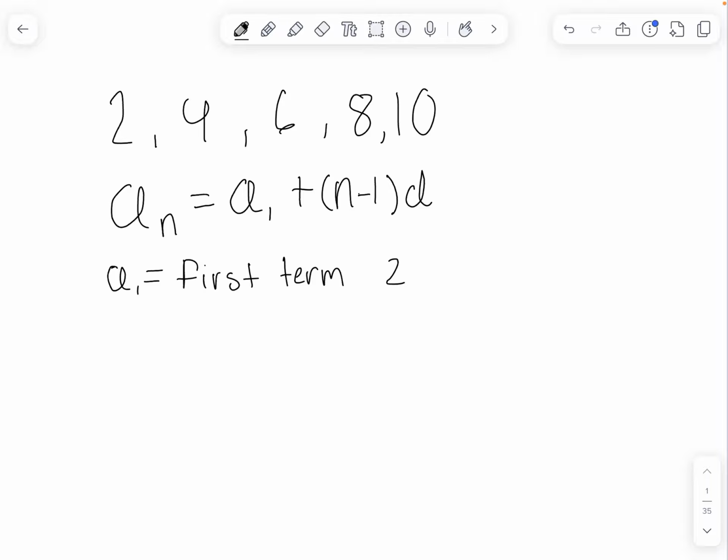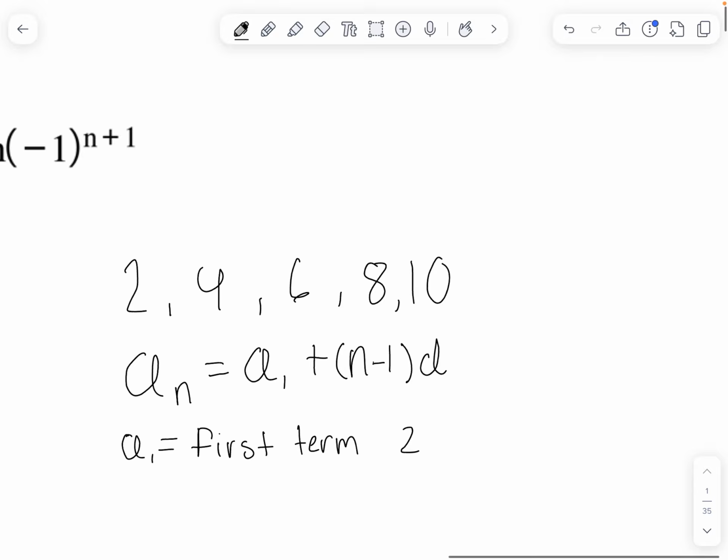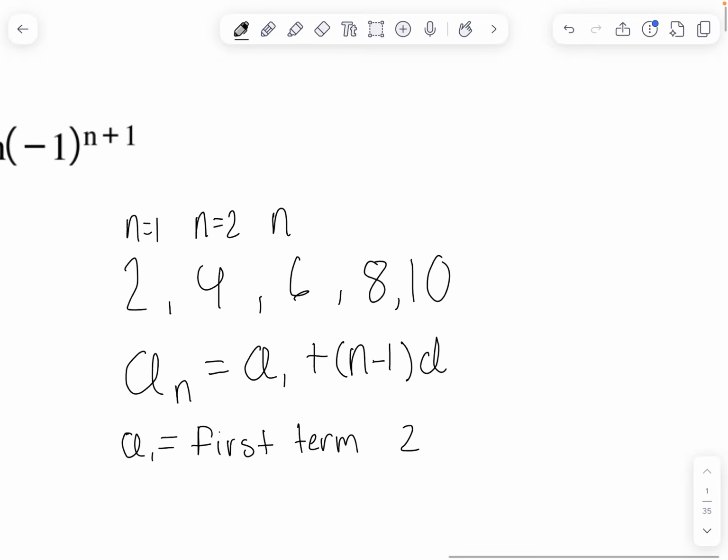Now for n. So this is n equals 1, n equals 2, n equals 3, n equals 4, and n equals 5. So this is just where in the sequence the number is.